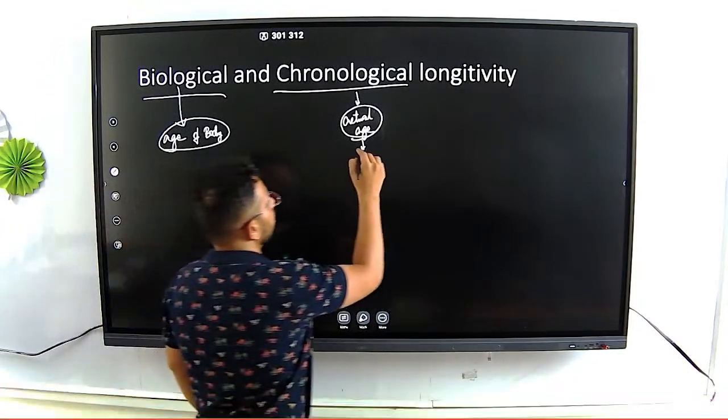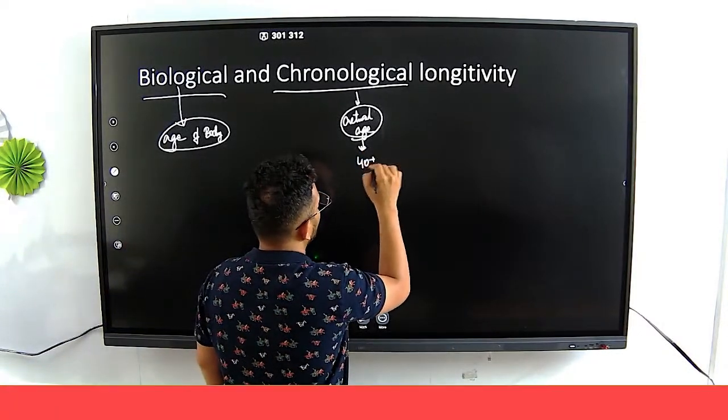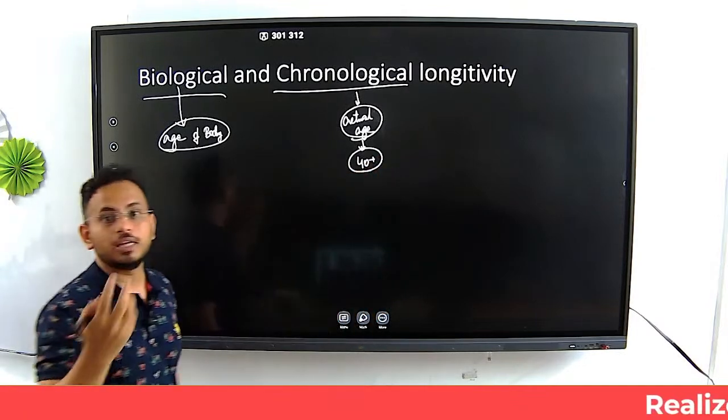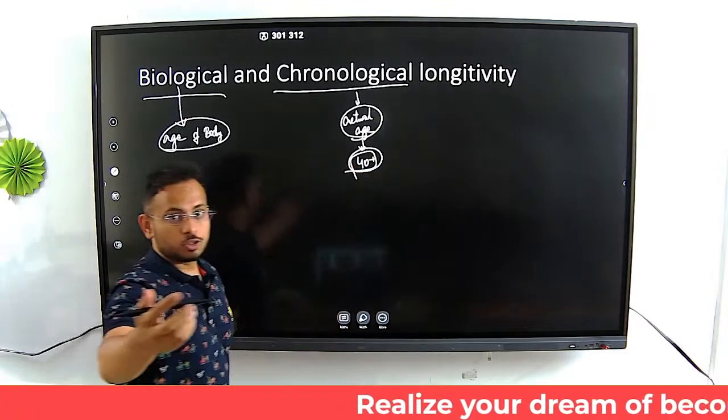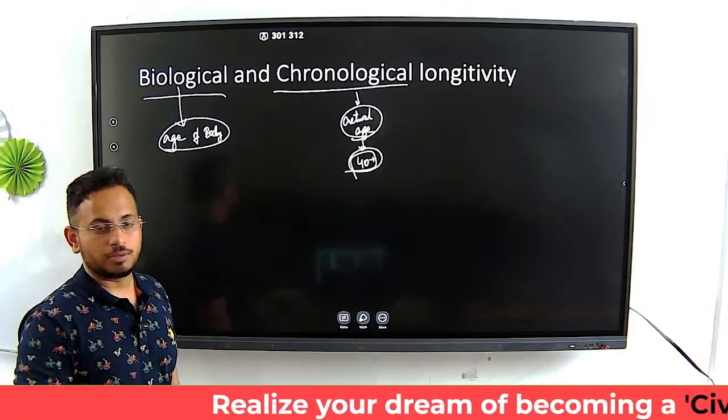For example, let's take a 40-year-old man. Or you can assume Akshay Kumar or Sunil Shetty for that matter.